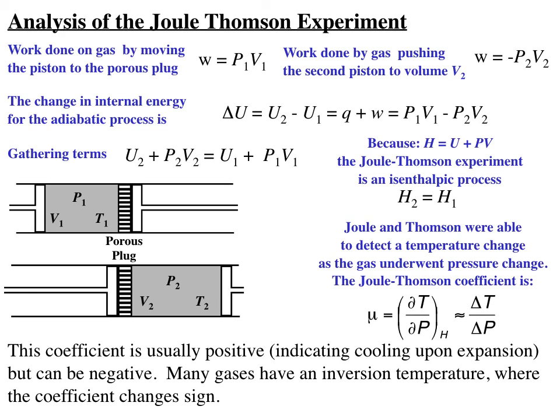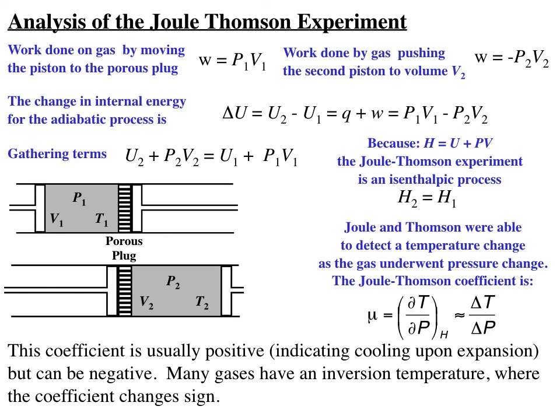Now, if I gather up all the terms that have second as their subscript and all those that have first as their subscript, I get U2 plus P2 V2 equals U1 plus P1 V1, or that H2 equals H1. And what Joule and Thomson decided was that they were doing an isenthalpic process.